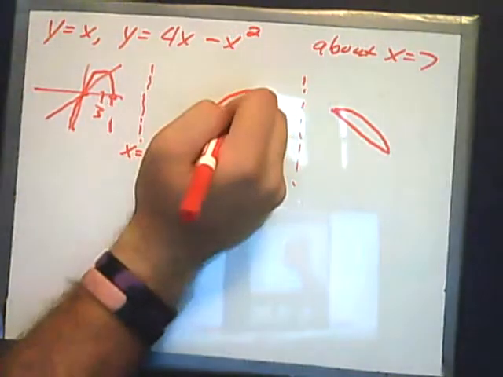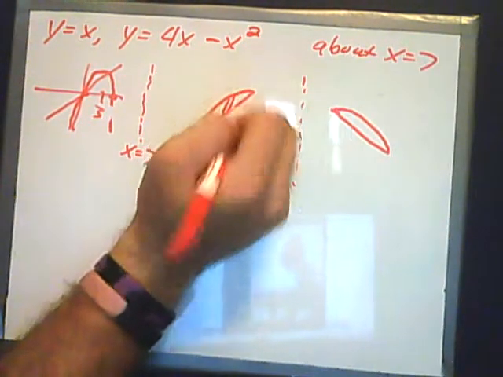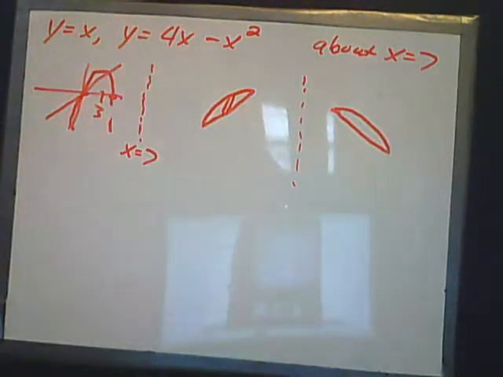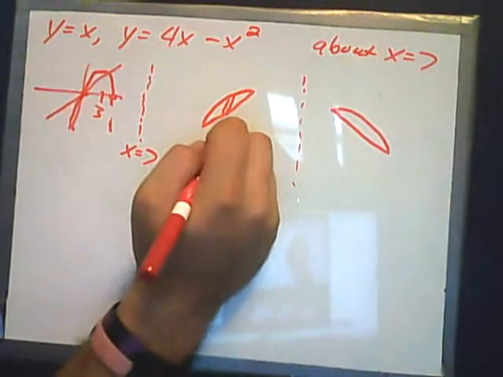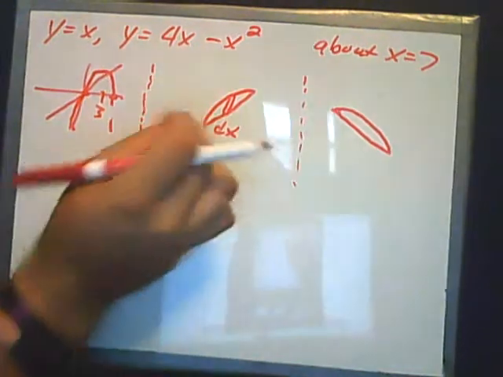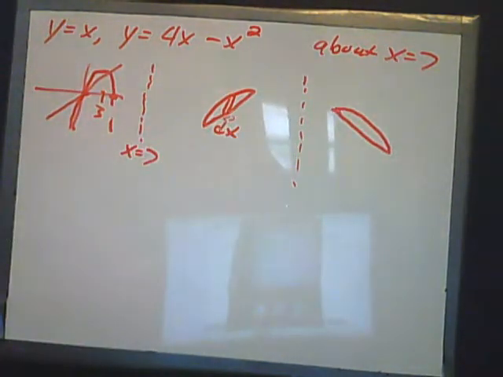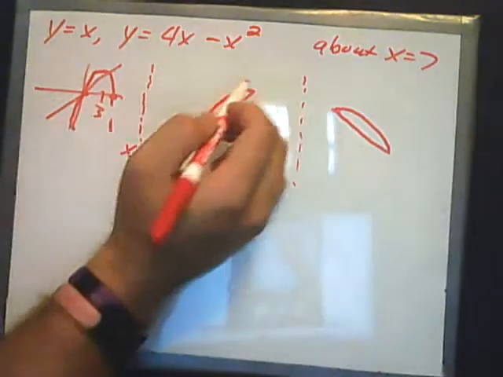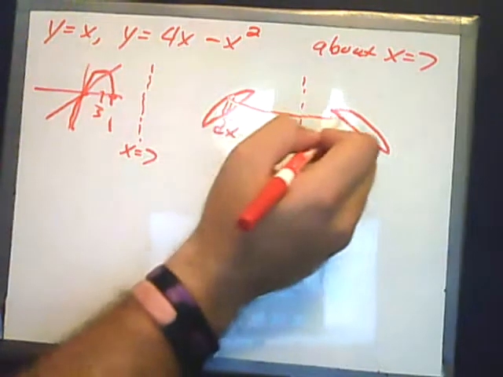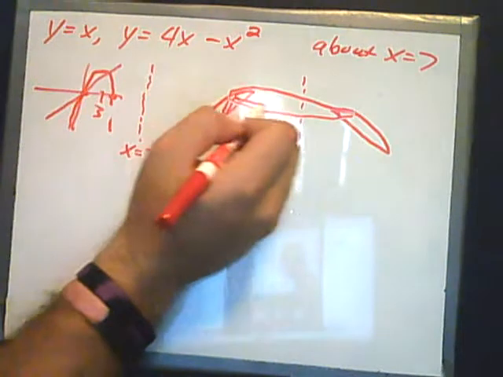We're going to make little slices that are parallel to the axis of rotation. So from these little slices, we know we have dx because it's a small change in the horizontal direction, running left and right. And now if we draw a typical cylinder, it will look something like this.